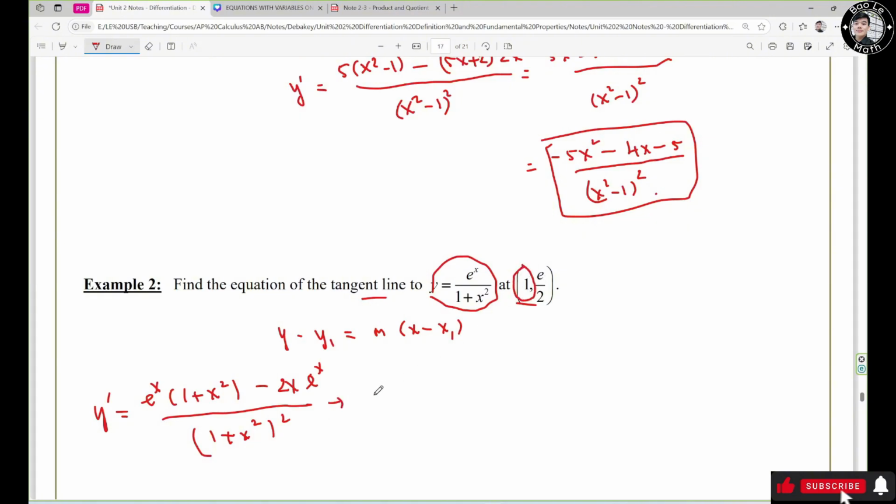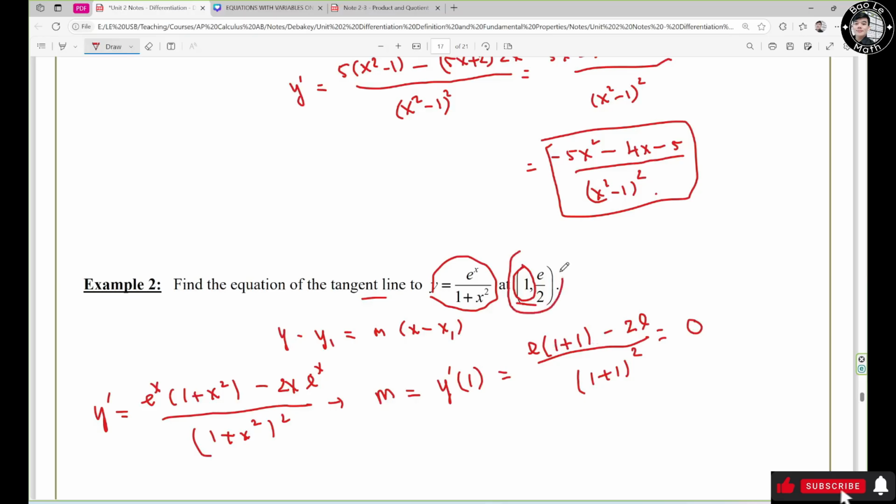So the slope is y prime of 1, which is e times 1 plus 1 minus 2 times e over 1 plus 1 all together squared. So it's going to be 0.